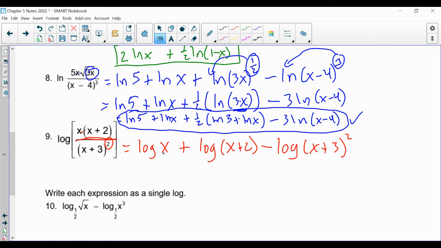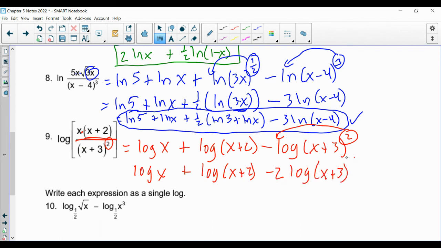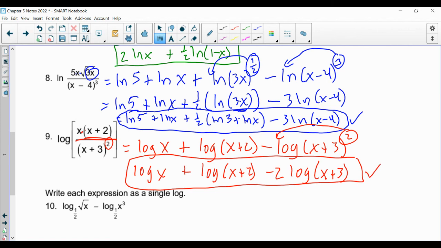And then we look at log x, that's fine, plus log (x plus 2). That one's also fine, but then this guy has a power, so we've got to pull that to the front. And now we're good, because there's no more multiplication, no more division, no more powers. So we're good. All right.